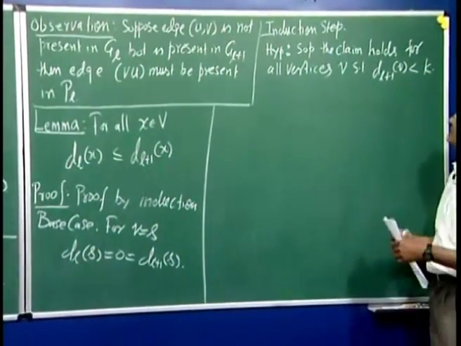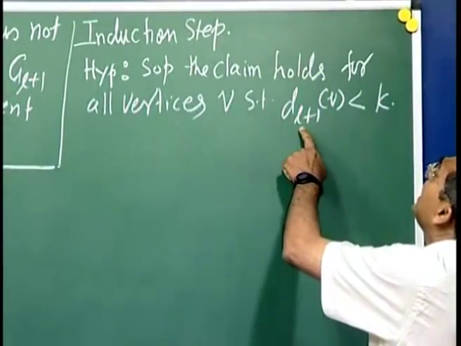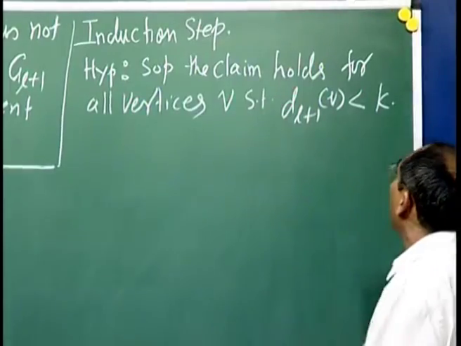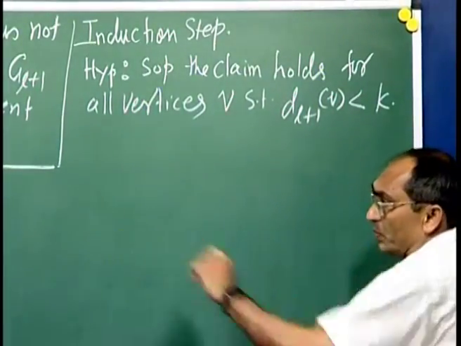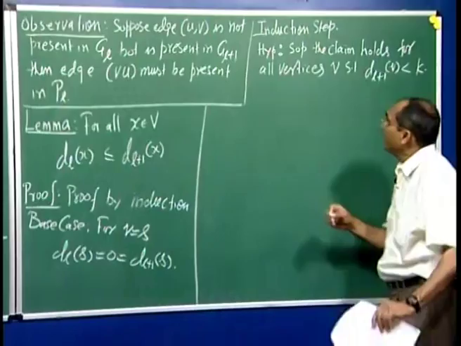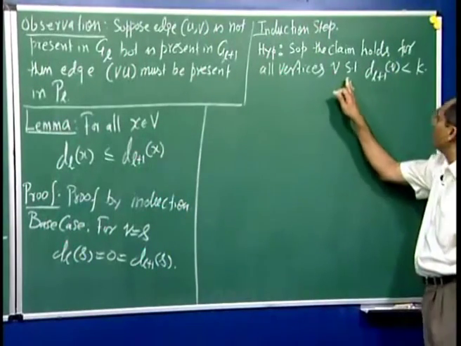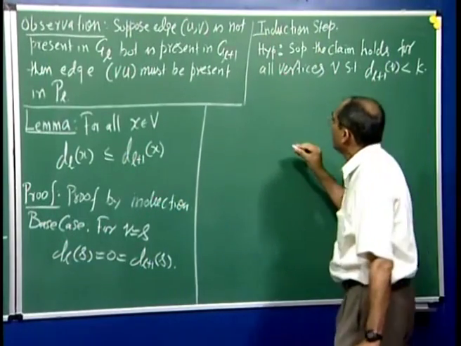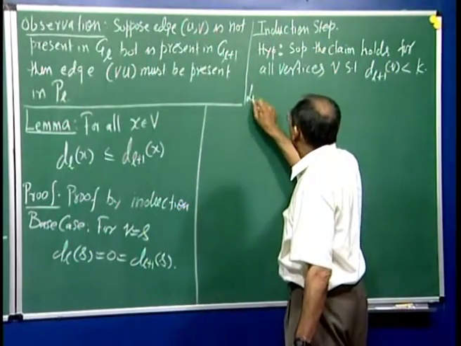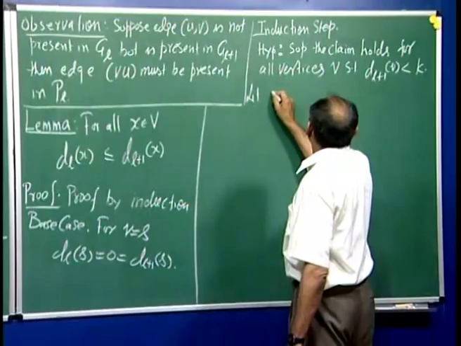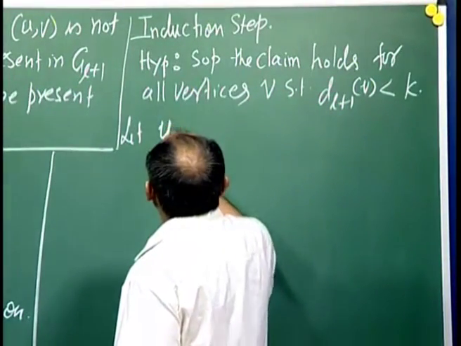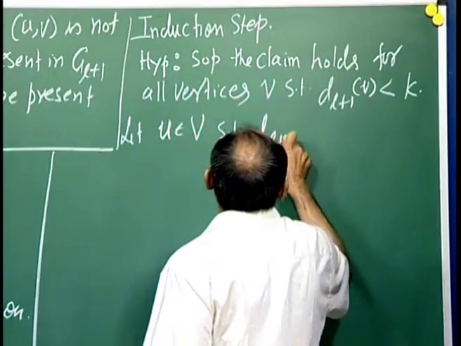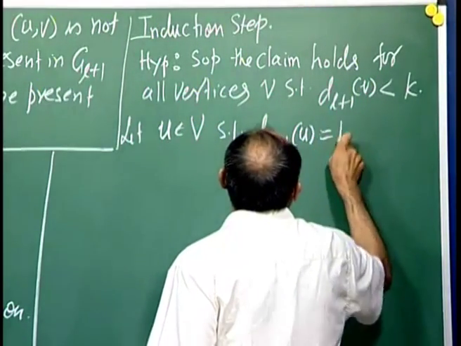So if there is a vertex with dl plus 1 of V less than or equal to k minus 1, the claim holds. And we want to prove that the same holds when this distance is equal to k for all those vertices. So now let U be a vertex such that dl plus 1 of U is equal to k.